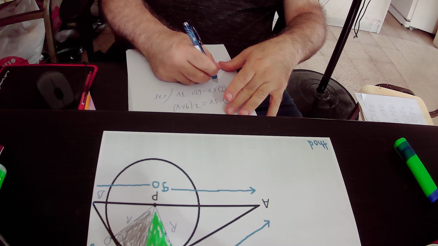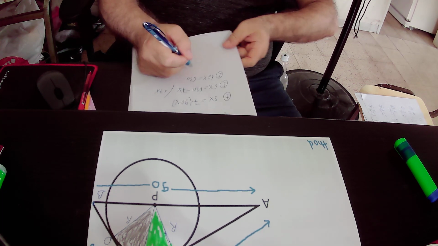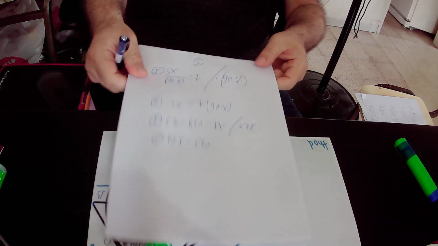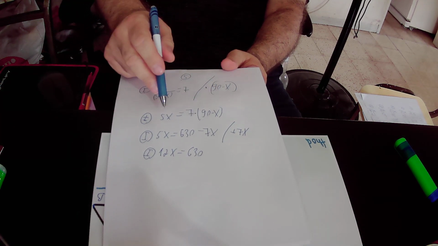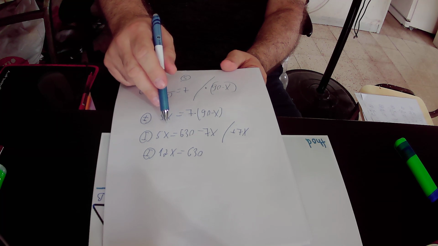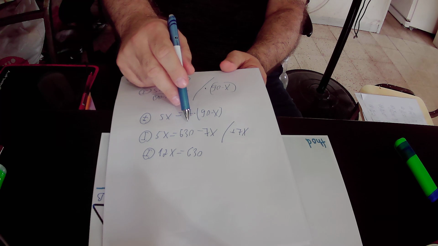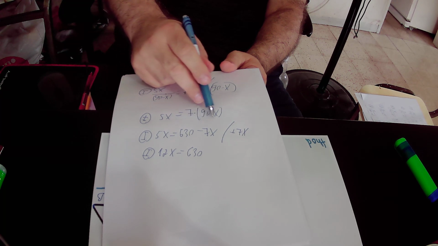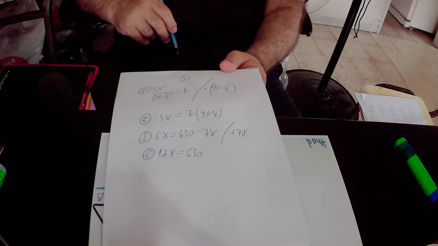We'll get that 12x equals 630. I will repeat. We added 7x to both sides of the equation, so 5x plus 7x equals 12x, and 630 minus 7x plus 7x equals 630.